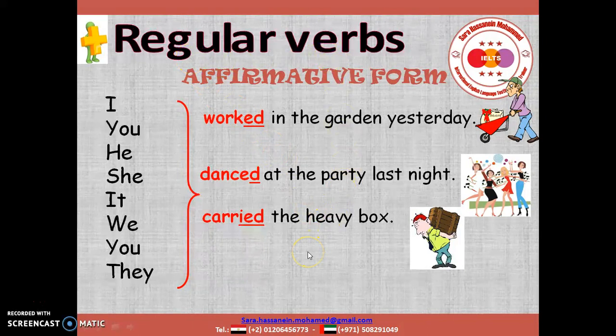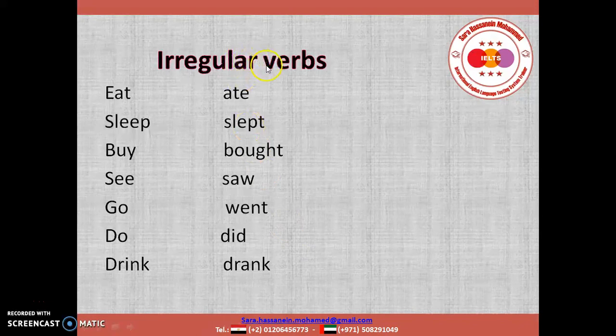But what if you have irregular verbs? The irregular verbs should be memorized as they are. I only included here the most common ones, but there are so many irregular verbs that you have to study. So let me just tell you the examples that I included here. Eat, ate.